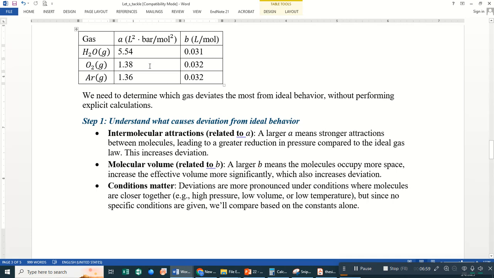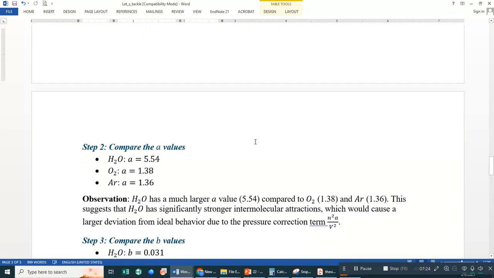With respect to a, water gas deviates more. With respect to b, oxygen and argon have a slightly larger deviation as compared to water.